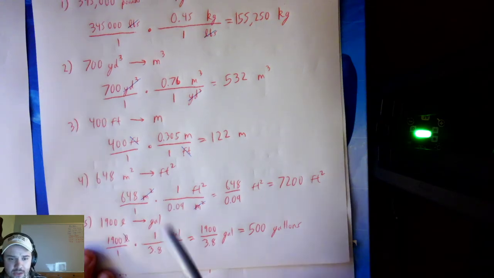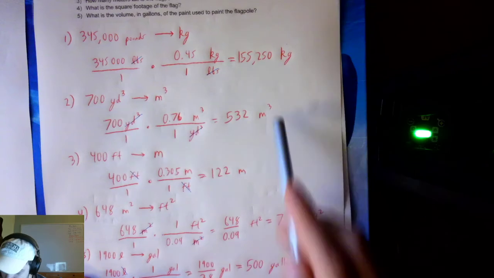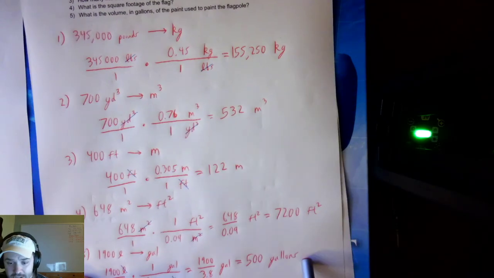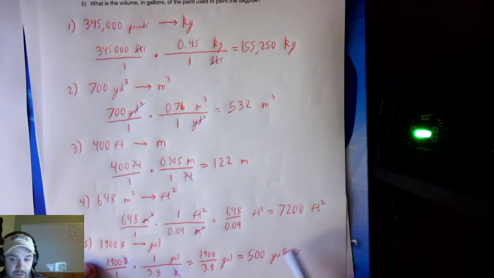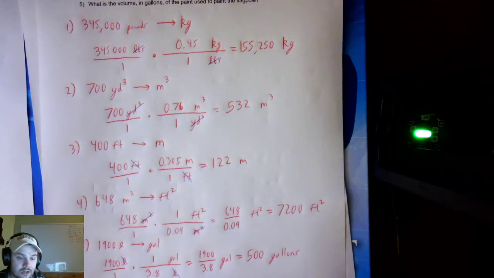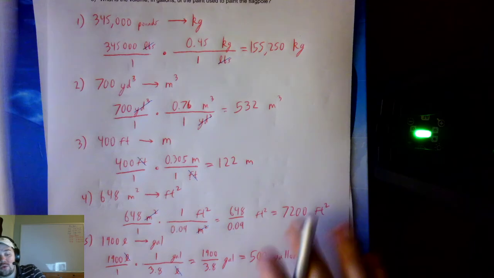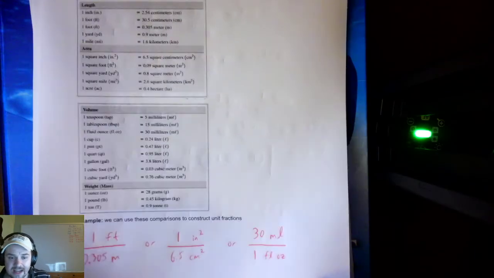Notice some of the units ended in metric, and some of them ended in English units, right? In the US system of units, right? So we can go vice versa, right? We can start with metric and change to the US system, or we can start with the US system and change back into metric.